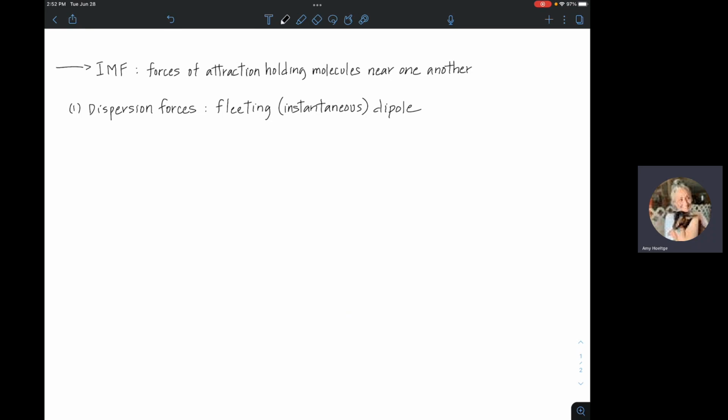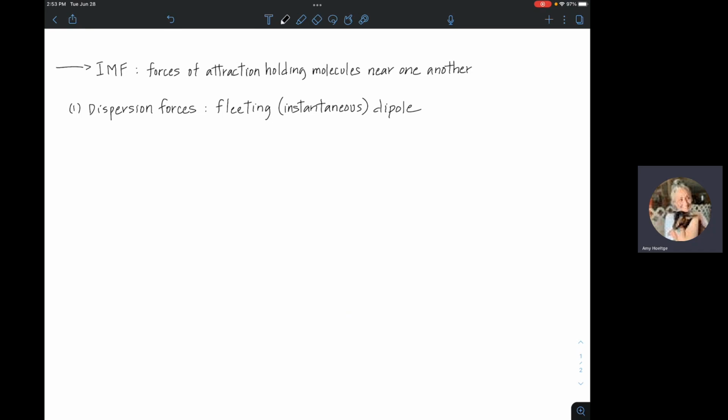So in Gen Chem, when we talk about these being the weakest, it doesn't mean that they're inconsequential. It just means that they're not super high in energy. But they can become more significant the more electrons you have. So we also in Gen Chem talk about the mass of the substance. The greater the mass, the more electrons you have to polarize.